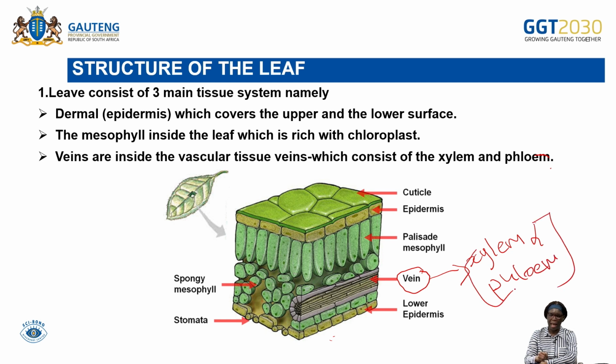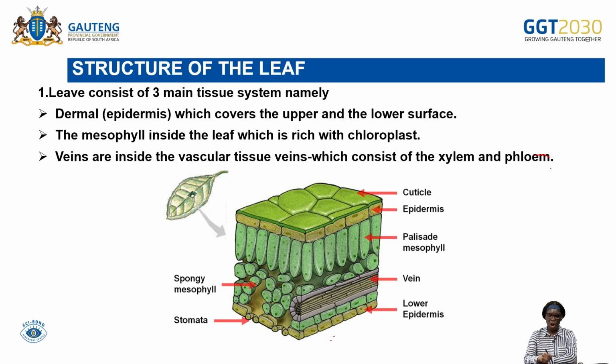In grade 10, you learned about conducting tissues, and with conducting tissues we were referring to the xylem and the phloem. So the xylem and the phloem here are forming the part of the vein of the leaf.